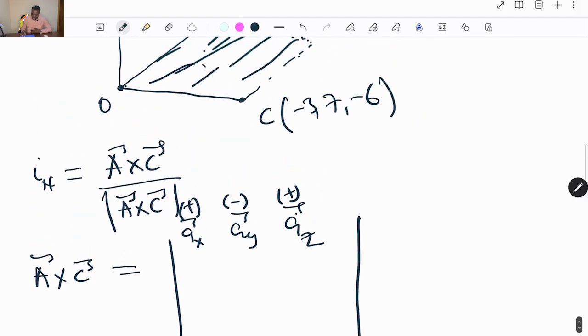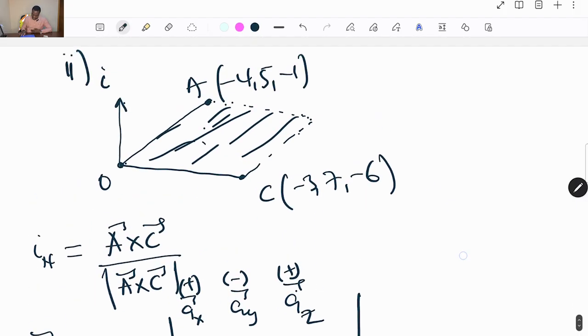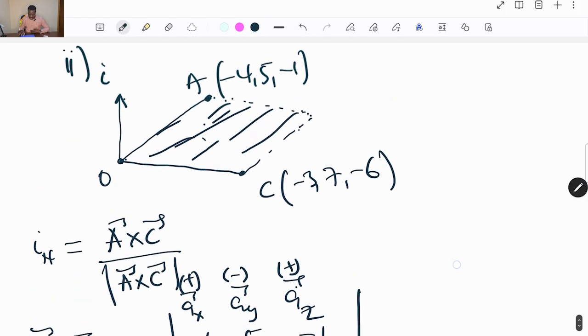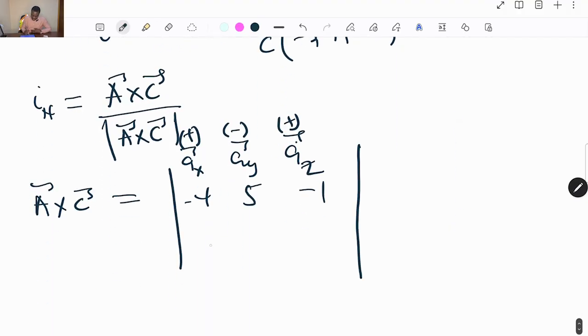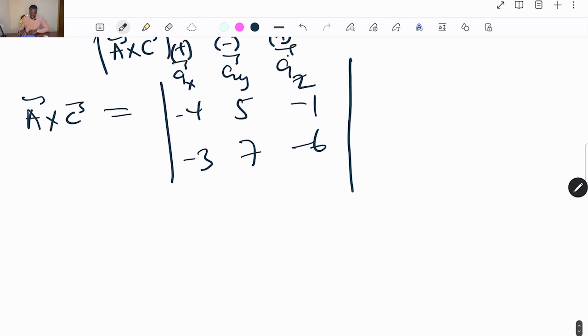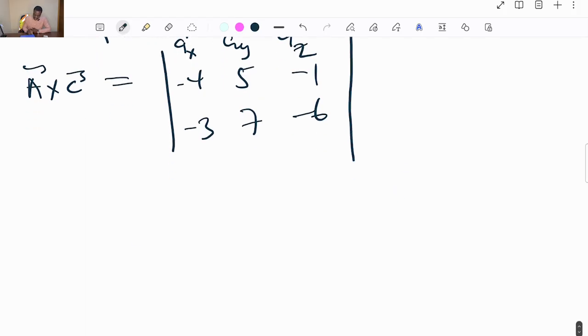The coordinates of vector A are -4, 5, -1, and that of C are -3, 7, -6. Getting the cross product is similar to finding the determinant of the matrix here.